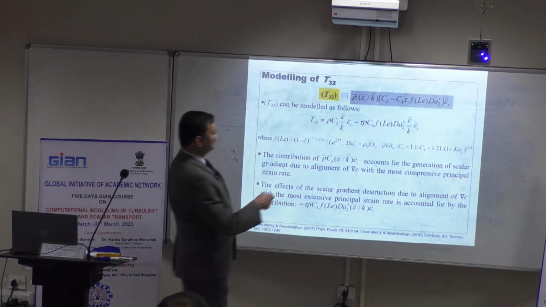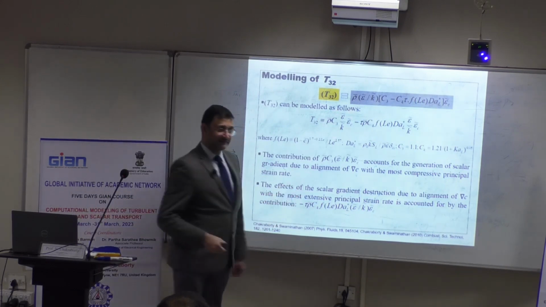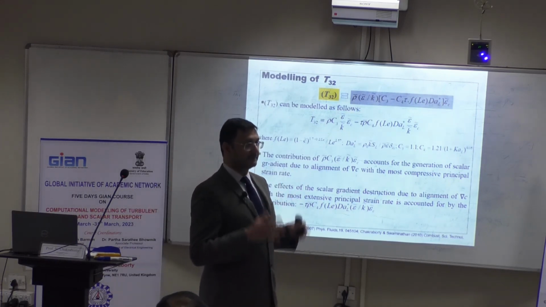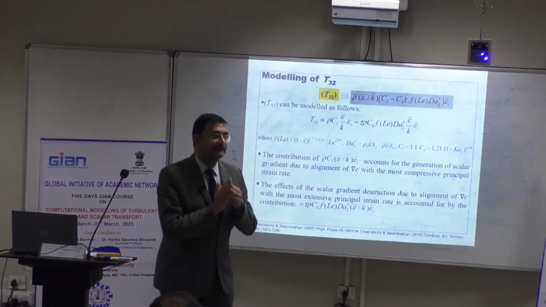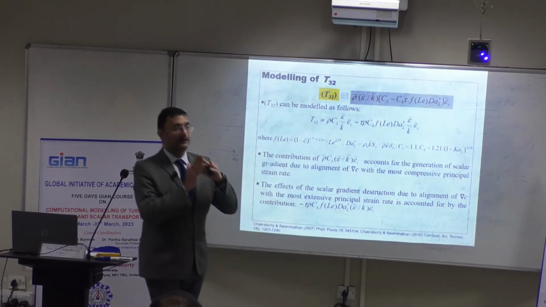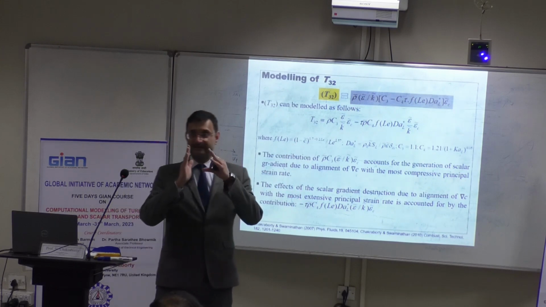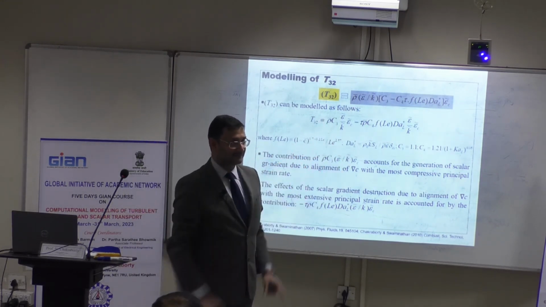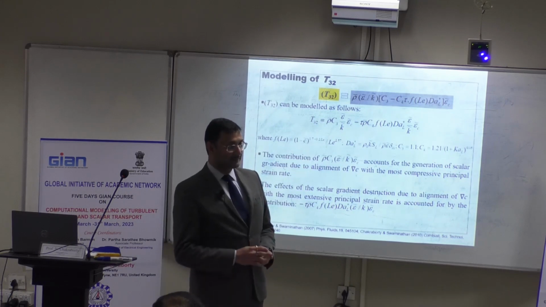So this first part effectively takes care of the turbulent straining effect. Basically, this represents the generation of scalar gradient because of the preferential alignment of scalar gradient with the most compressive principal strain rate. Two isoscalar lines are brought closer to each other. Okay?